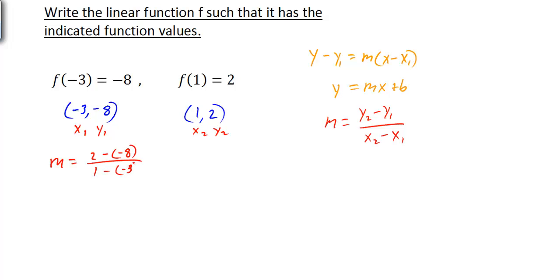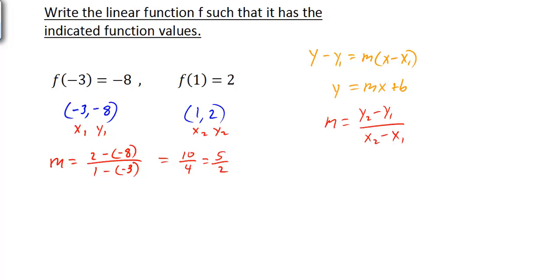Now be careful with your minus signs here. So 2 minus a negative 8, we would end up with 2 plus 8, which is 10. 1 minus a negative 3 is 1 plus 3, which is 4. And 10 over 4 we can divide by 2 and reduce to 5 halves.